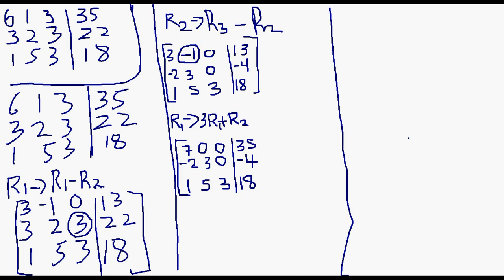And then we've successfully gotten these 3 zeros. The first diagonal to be 0.